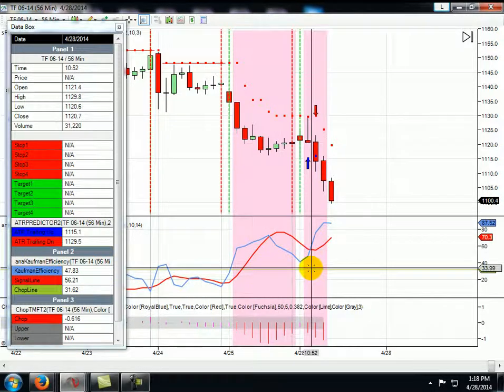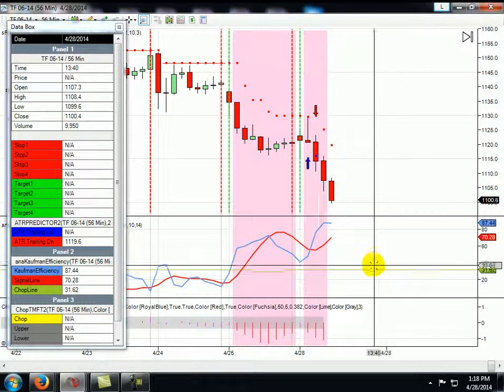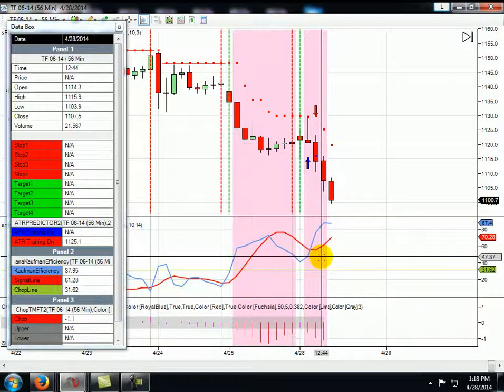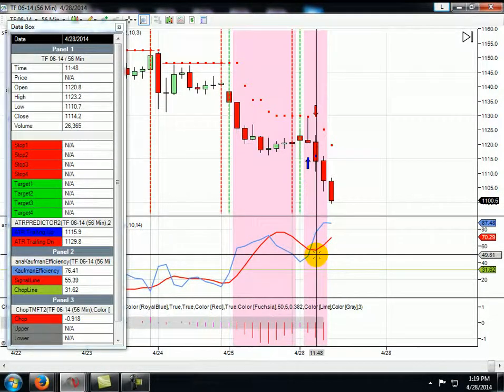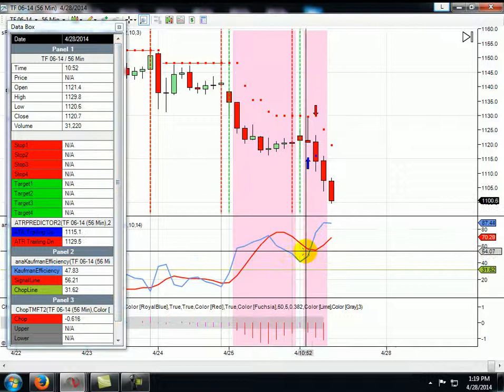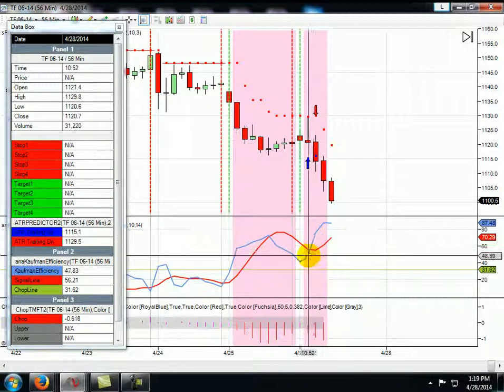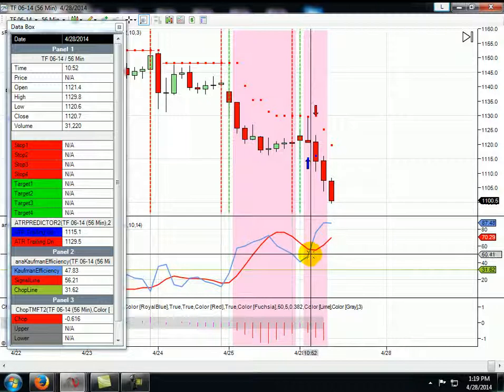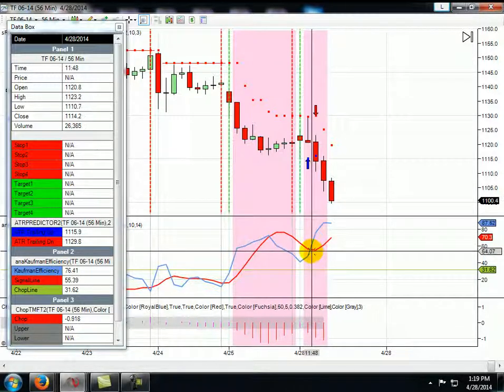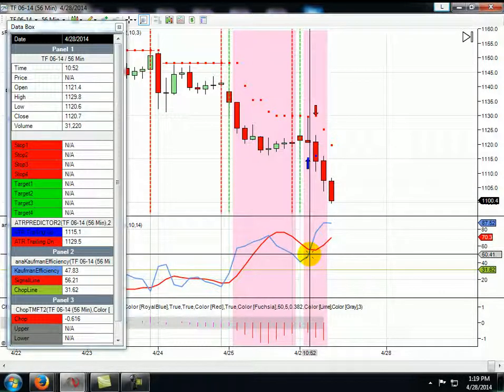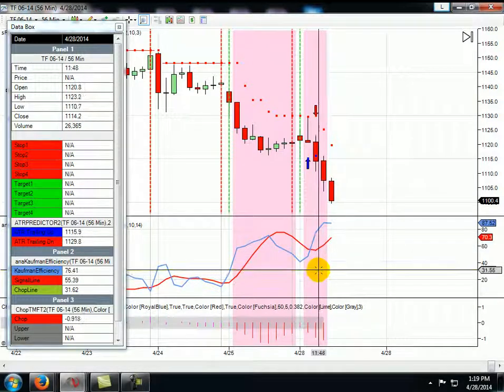You probably figured this out. The signal line here is the red line, and then the efficiency line here is the blue line. When the efficiency line crosses the signal line, that's when we want to trade. And this has to be above the chop line.